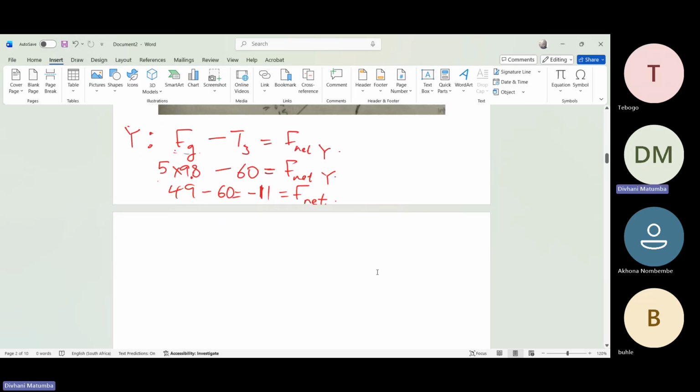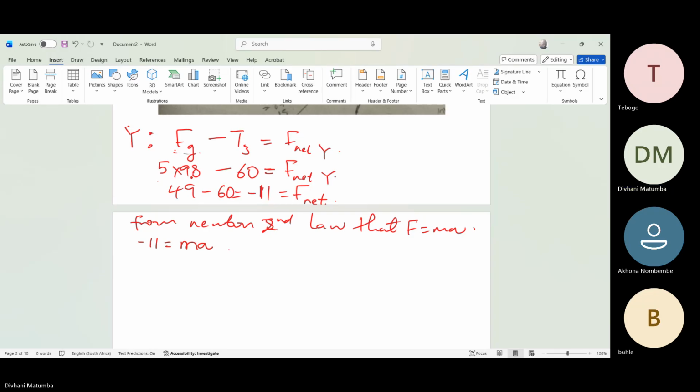Okay, so our F net is minus 11. And we know from Newton's second law that F equals ma. So minus 11 equals ma, mass times acceleration. We know the mass, 5 times acceleration.